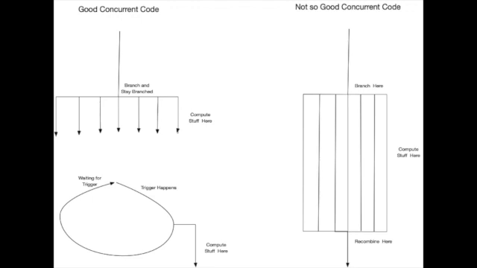So again, you can see on the right where it says branch here and recombine here. And then you'll see 1, 2, 3, 4, 5, 6, 7 lines in between those two spots. That's where this code is doing 7 different things at the same time. And you can see right by the side it says compute stuff here. So what's happening is we have one line of execution happening.